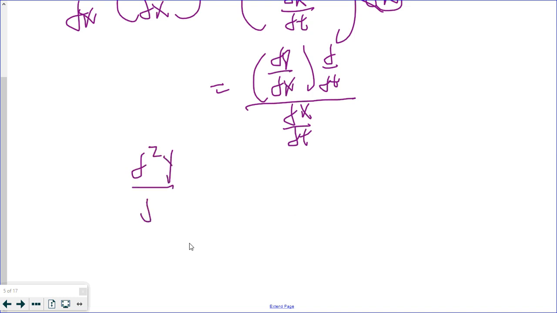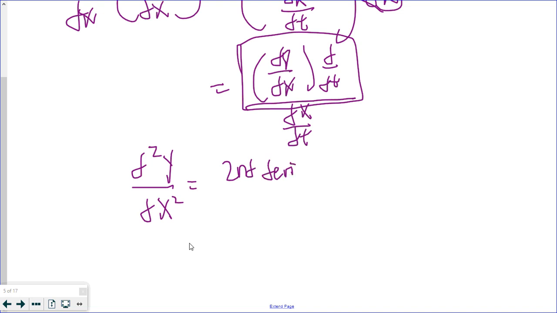So the second derivative, let's write down what that means. This top part means take the derivative of dy over dx. So it literally means second derivative on top. Take the derivative of dy over dx, whatever you got.